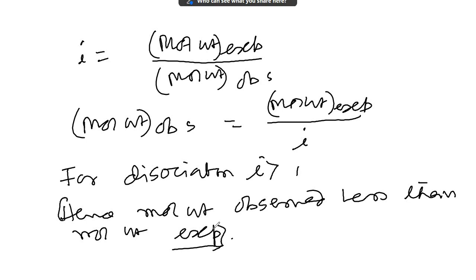Now, if the solute particle doesn't dissociate completely, I will derive a relationship between the Van 't Hoff factor and the degree of dissociation. Look here. Think of a substance ABn.